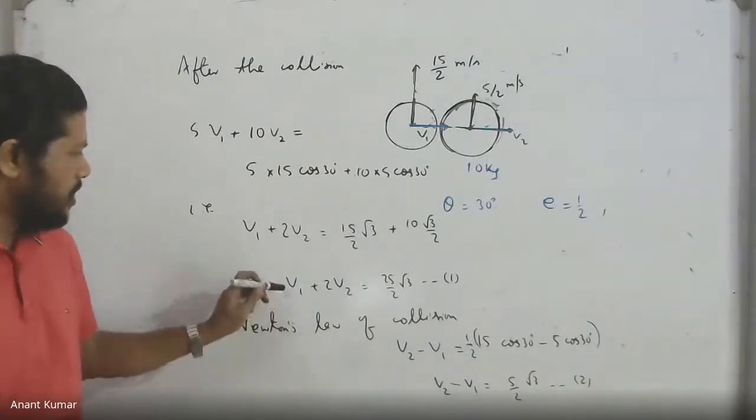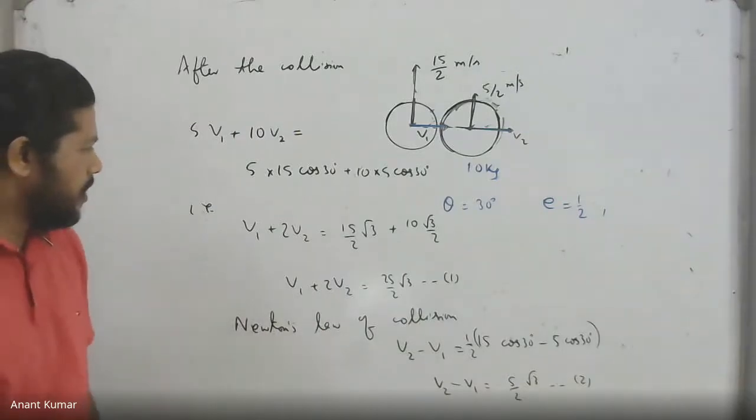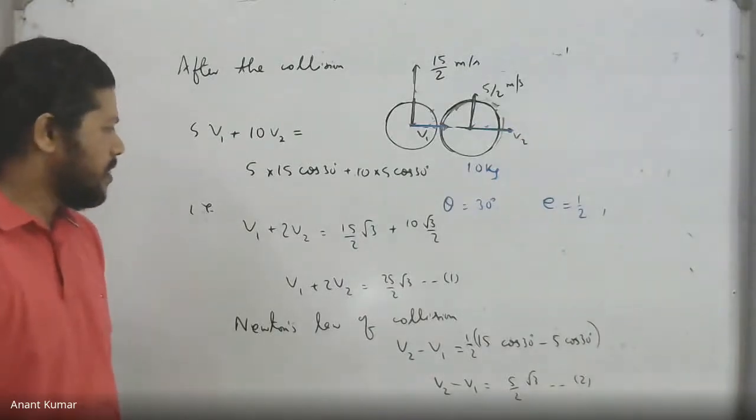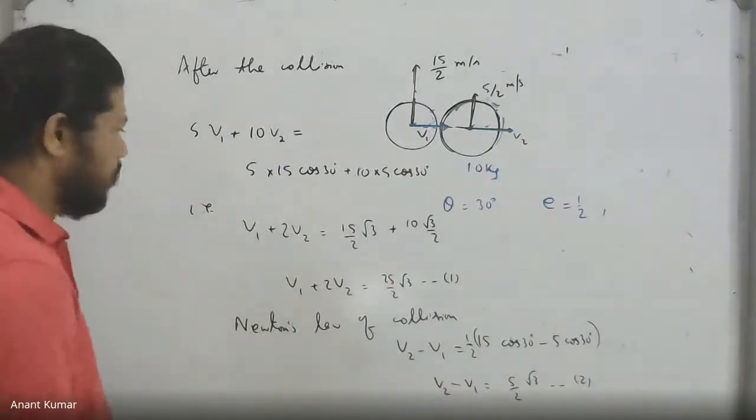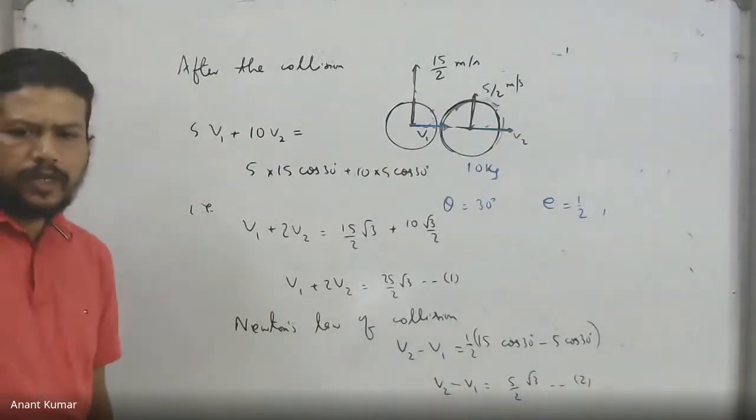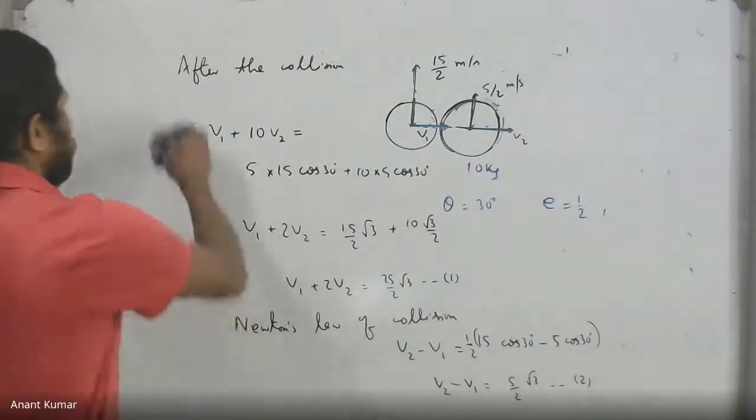It's easy enough. I can just add these two up. So 3V2 will be the sum of these two. That makes it 30 by 2 root 3, which implies we know V2.